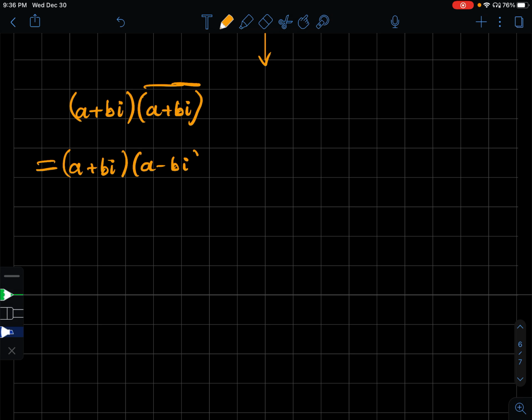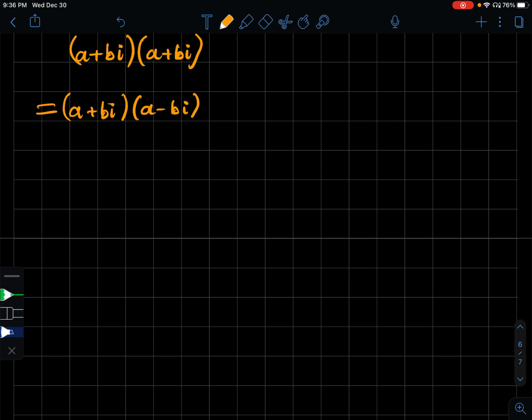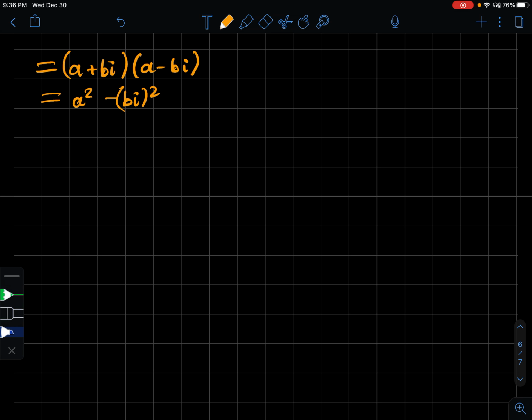And we know from the difference of squares formula that this is in fact a squared minus bi squared. This is just a simple application of the difference of squares, which is a squared minus b squared times i squared, and i squared is negative 1. So a squared plus b squared.